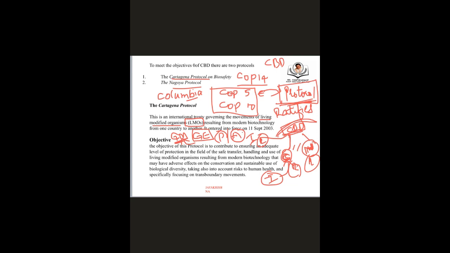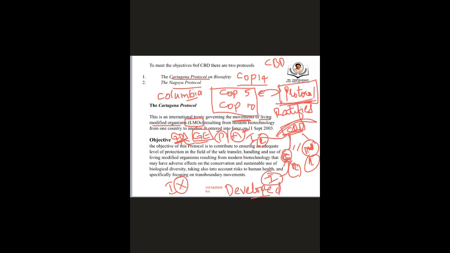When such products are transported, nothing but movement from one country to another country, then the importing country may be adversely affected, and there won't be any effect on the exporting country. Normally, who will be the exporting countries? Those countries which are very good in genetic engineering techniques. Obviously, they are developed countries.